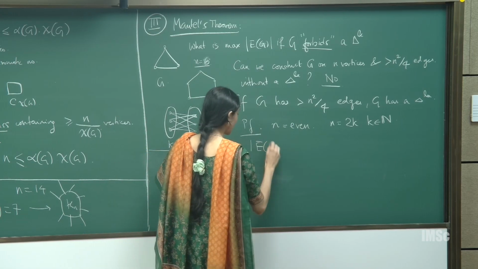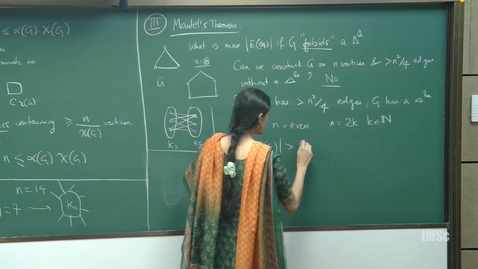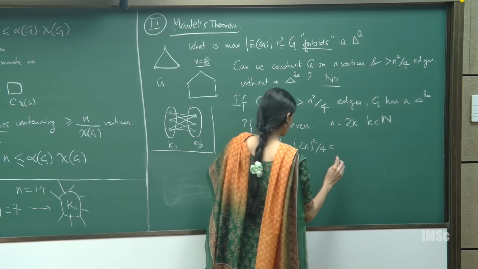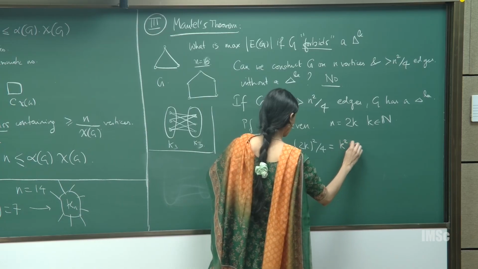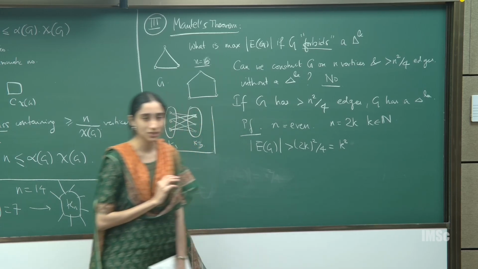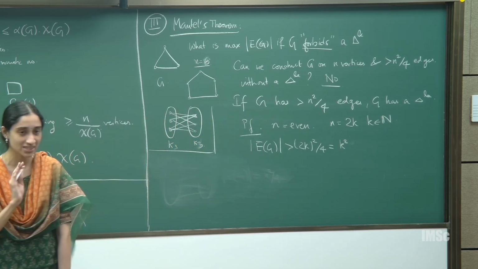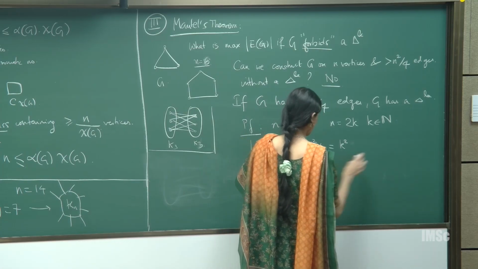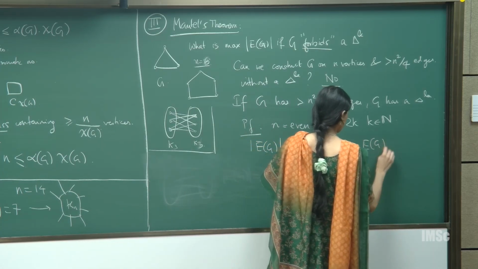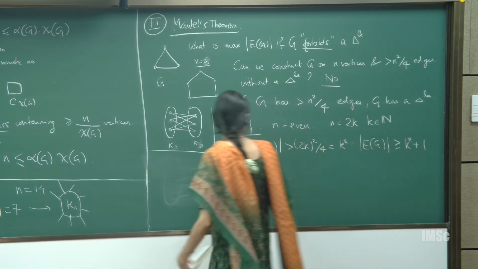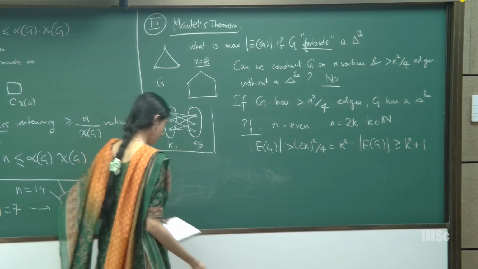So what's the number of edges? It is at least (2k) whole square by 4. So it's k square. Right. So I am going to assume that the number of edges is strictly greater than k square, or it's greater than or equal to k square plus 1. So that's what if it is even, right?